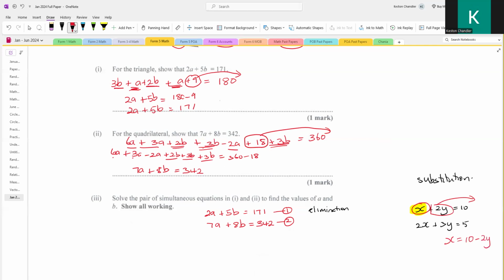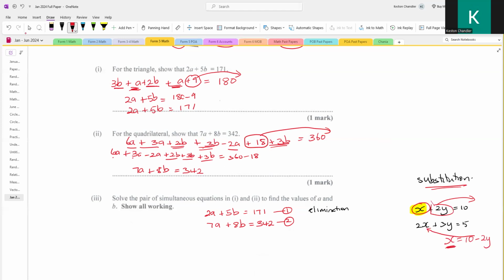Now that I've made x the subject of the formula, this is why we call it the substitution method. We can now substitute for x 10 minus 2y, because we are saying here that x is equal to 10 minus 2y.